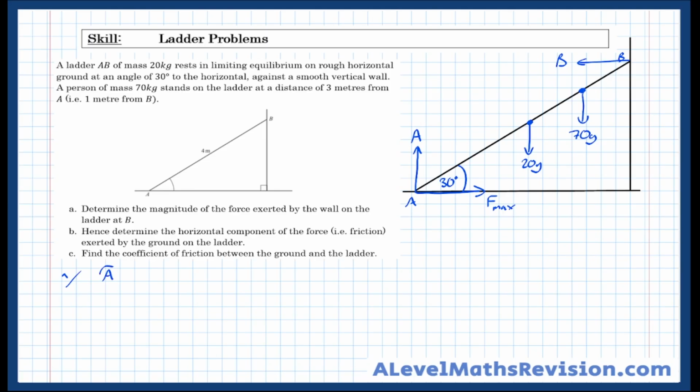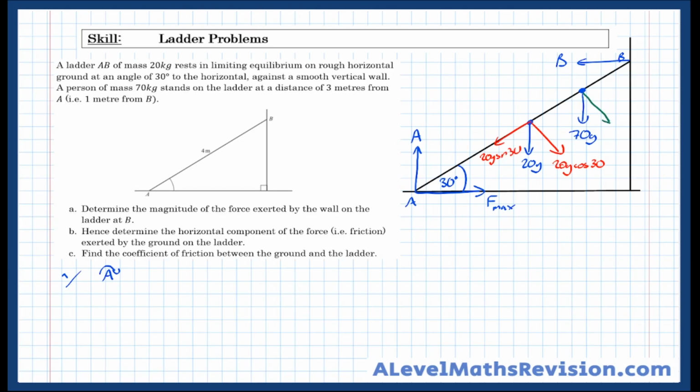So if we take moments about A, this eliminates both of these unknowns here. It eliminates F max and A if we take moments about A. But that means now that we need to resolve these weight forces and the force at B to be perpendicular and parallel to the ladder. So that's 20g cos 30, and that one 20g sin 30.